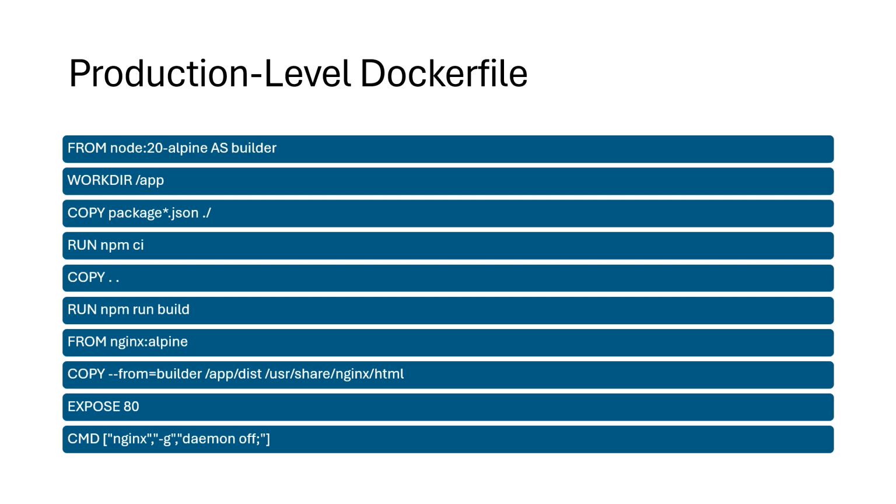If you can see, it has used an Alpine image. There is a multi-stage build used here. We have a minimal runtime image, Nginx, which is serving the static files.